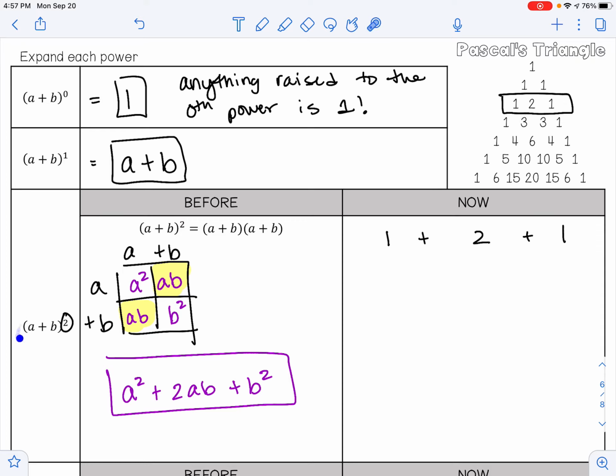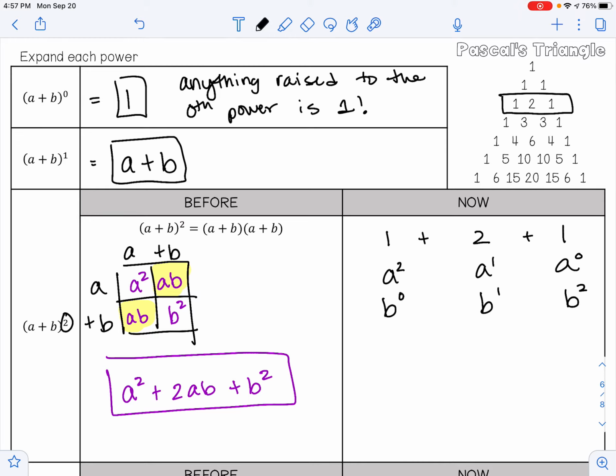My first term is a. My powers of a need to go from highest to lowest. Because my exponent is 2, that's what I'm going to start with. So these powers of a are going to go 2, 1, 0. My second term is b. So that's going to be next. And for your second term, your exponents go from low to high. So here we are going to go 0, 1, and 2.